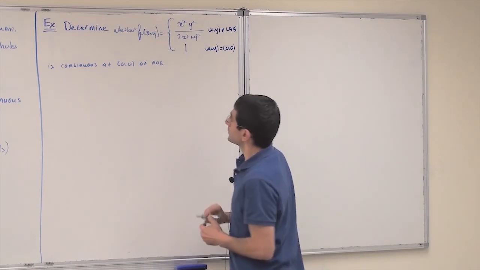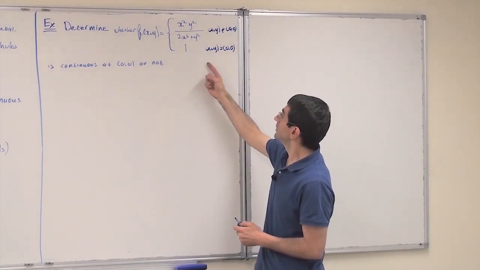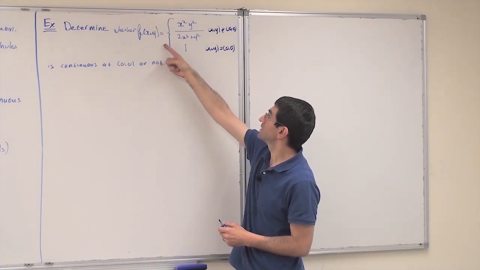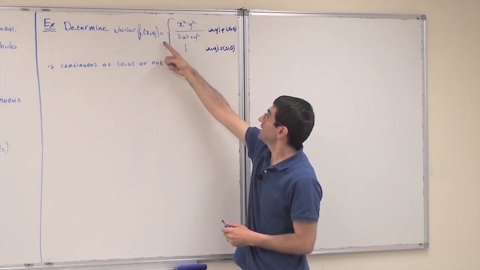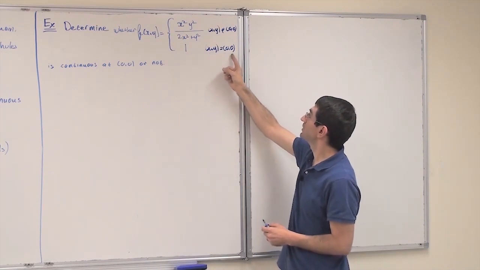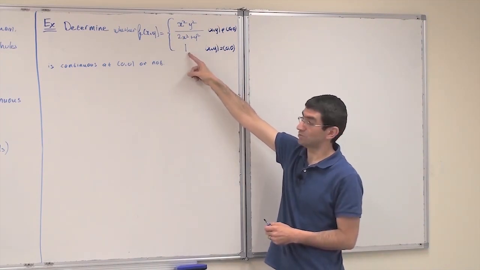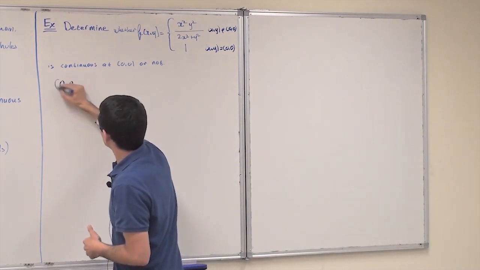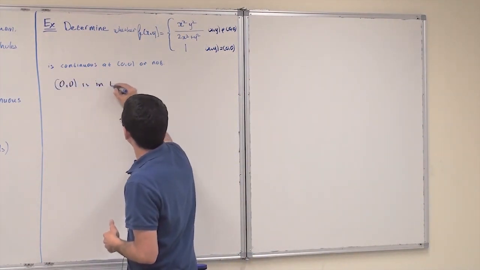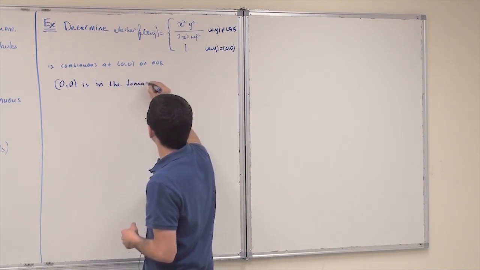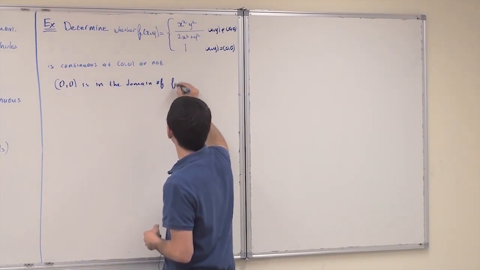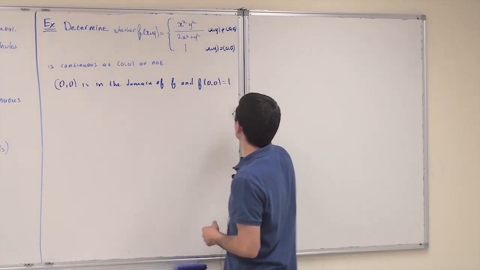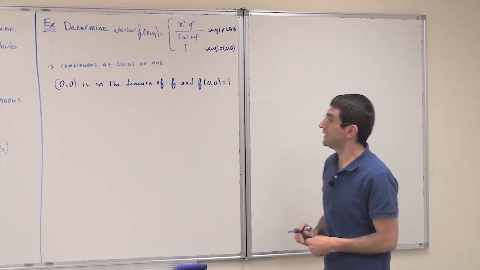First of all, we check whether (0,0) is in the domain of this function f. As you see, it is in the domain because at (0,0), the function is equal to 1. So (0,0) is in the domain of f, and the value of the function at (0,0) is 1.